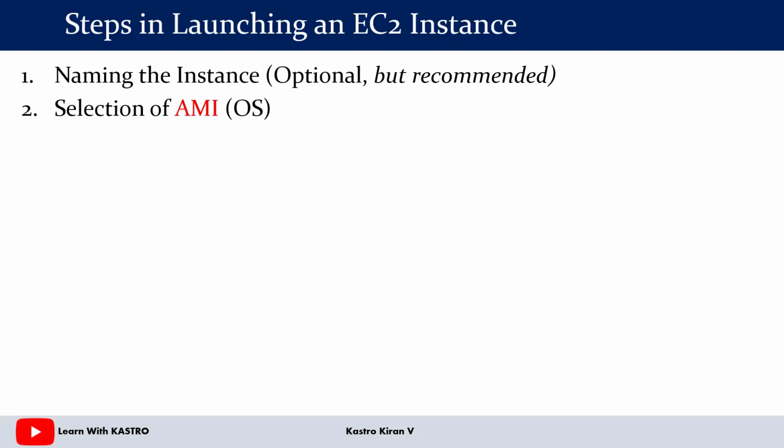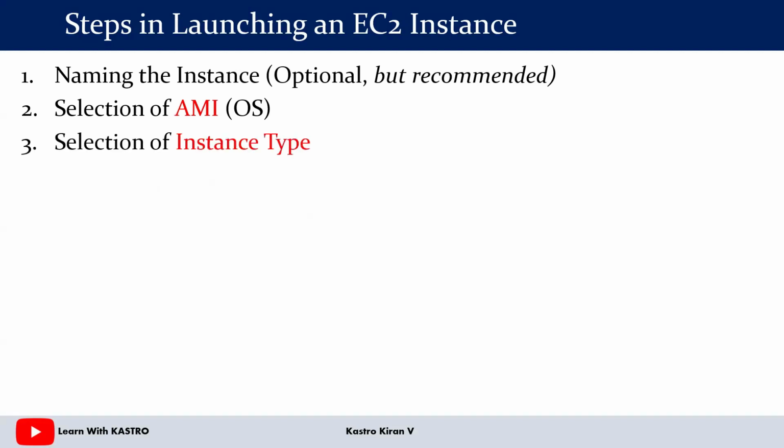We also have other types of operating systems such as Ubuntu, Mac, Windows, Red Hat, Debian. But mostly in real-time scenarios, we will be working either with Linux-based EC2 instances or Ubuntu-based EC2 instances. So we will be selecting the AMI for our instance, that is, the operating system for our instance.